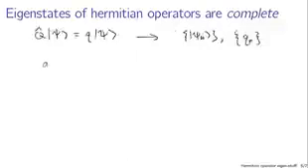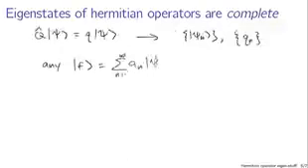And what that means is that any arbitrary state, let me call it F, can be written as a superposition, let's say n equals 1 to infinity, of some coefficient a sub n multiplying psi n. So I can express any vector in my vector space as a superposition of this set of vectors.